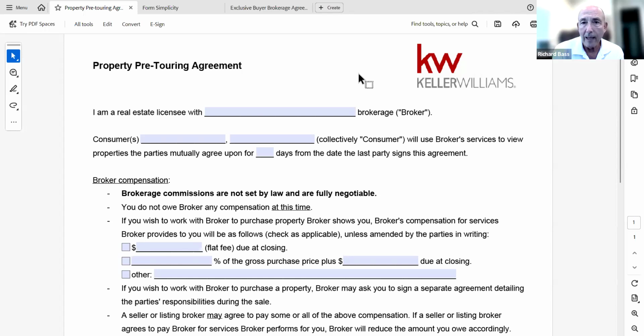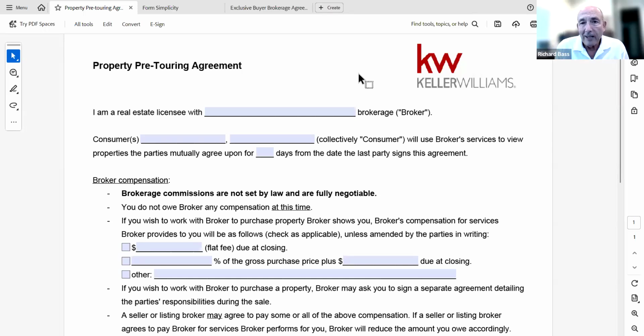They go from absolutely simple, kind of a non-agreement agreement. This is the pre-property touring agreement that you're looking at on your screen now, the most basic of the agreements. This fulfills the requirements that we have without creating a relationship between you and the potential buyer.